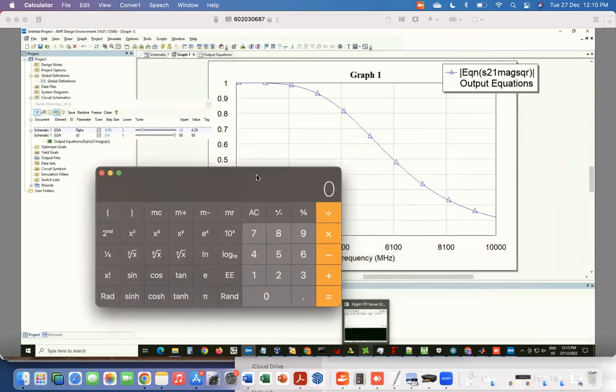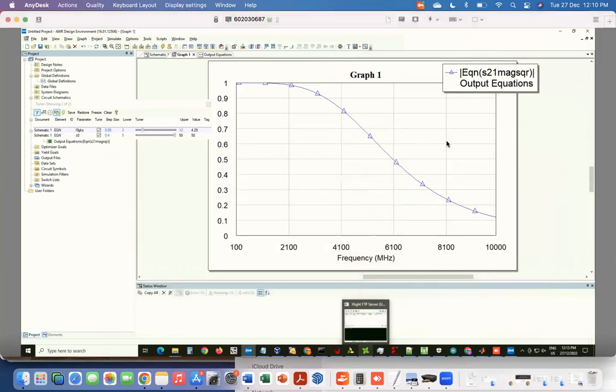If I take that ratio, I said that omega resonance is omega cutoff divided by √2. So 6.09 divided by 1.414 is 4.3, right? So 4.29. So that's what this is.